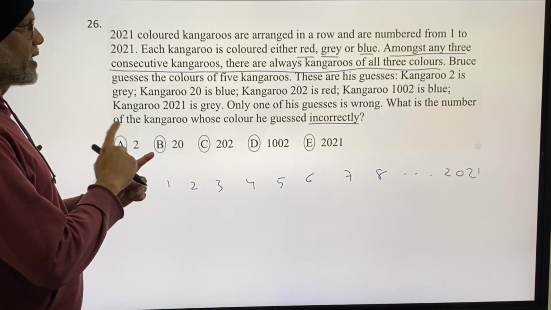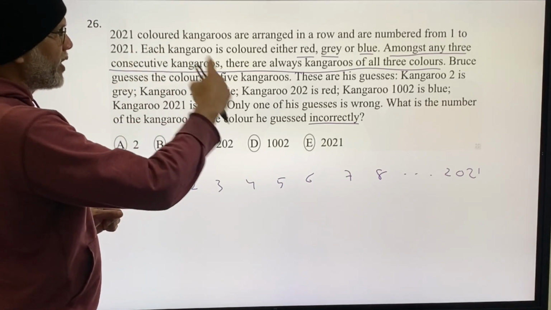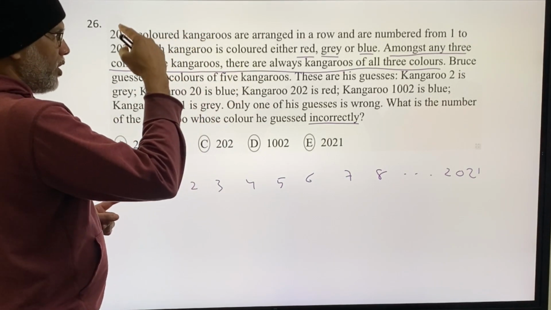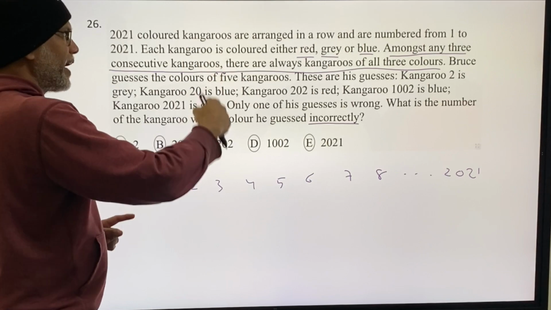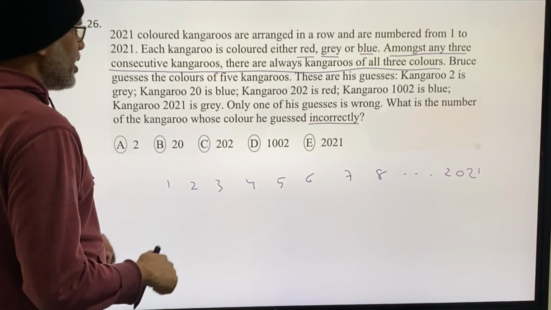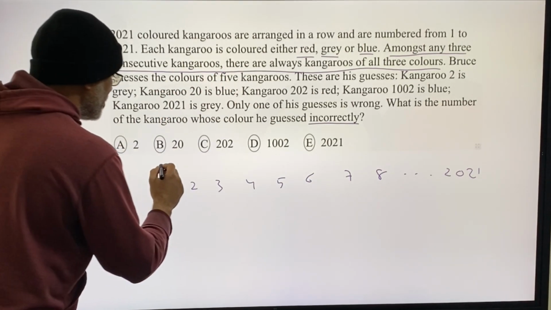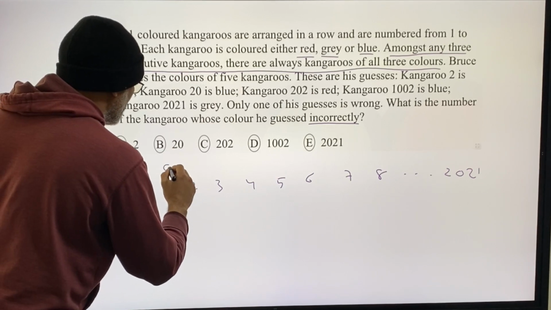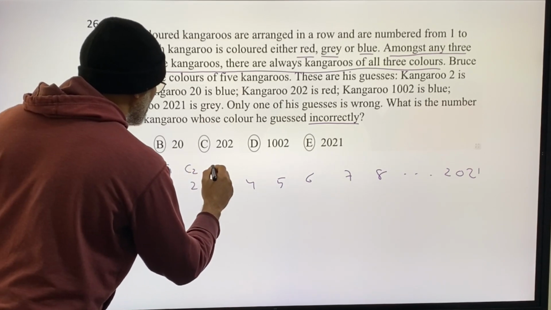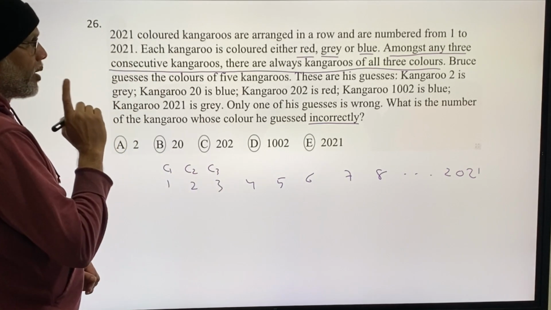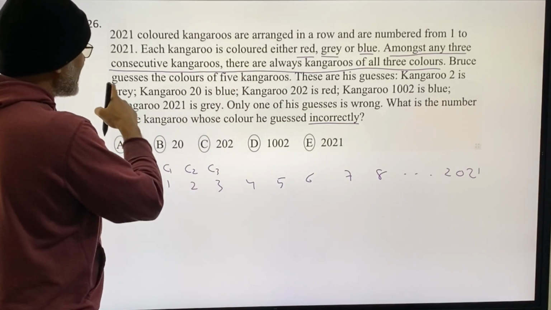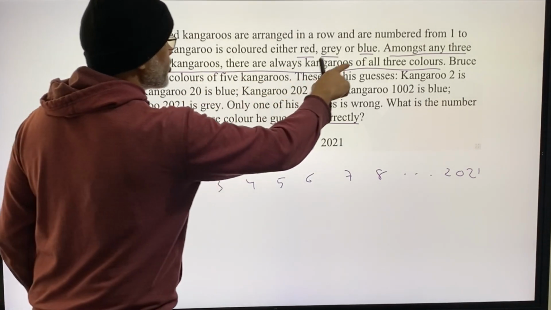We don't know how they are arranged, whether it is red, gray, blue, or red, blue, gray, or we don't know. So let's call them, whatever color it is, color 1, color 2, color 3.